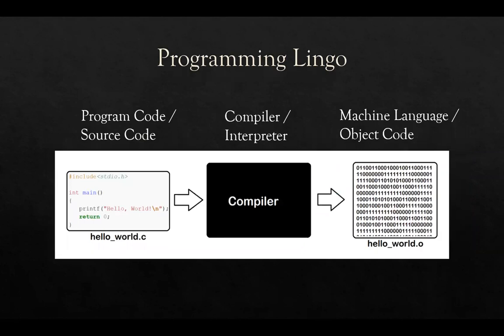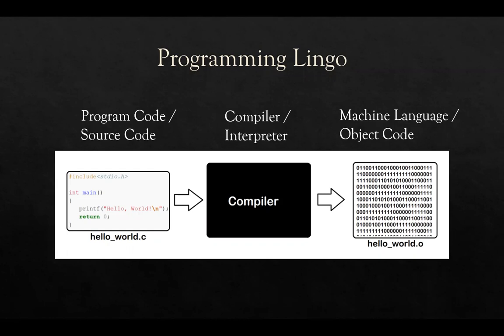The program or source code must be translated into machine language so the computer can execute the program. This translation is done by a program itself called the compiler. Another translator program is called an interpreter. Whether your program is translated using a compiler or an interpreter is beyond the scope of this course.